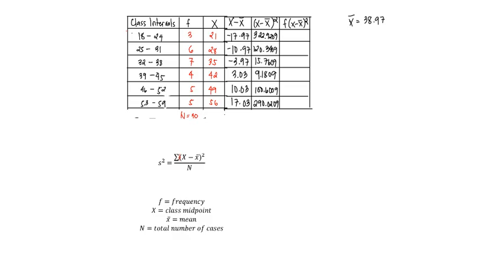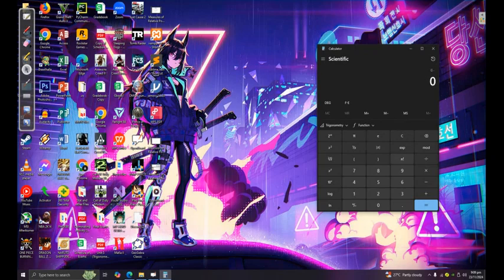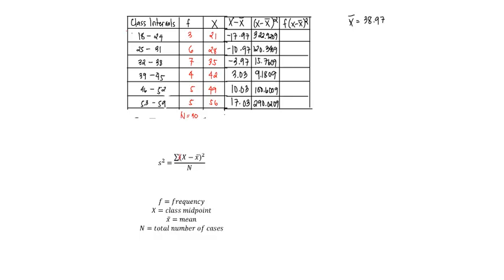Okay, now let's do the last one, which is basically f times x minus x bar squared, which is just multiplying our values here with f. So if we start off with the first one, that is 322.9209 times 3, which is 968.7627.